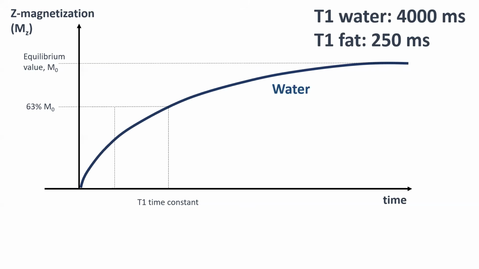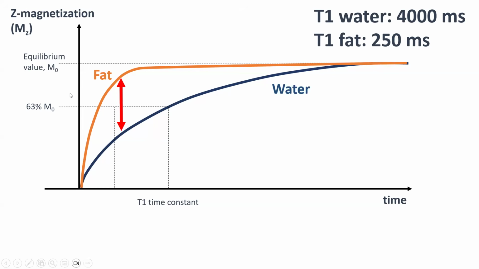So if we were to look at the T1 relaxation curve for water, it would look a bit like that. Water has a long T1 relaxation time, so it reaches 63% of its equilibrium after a pretty long time. And fat has a very short T1 relaxation time, so the curve for fat would look a bit like this. So we see that there's a huge difference at this time point here.